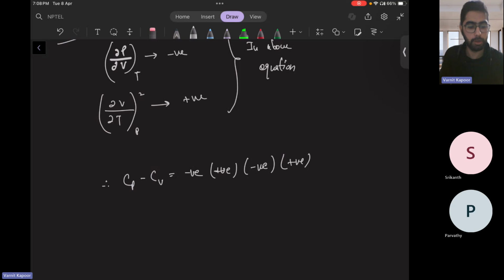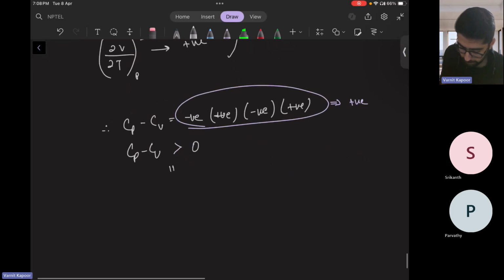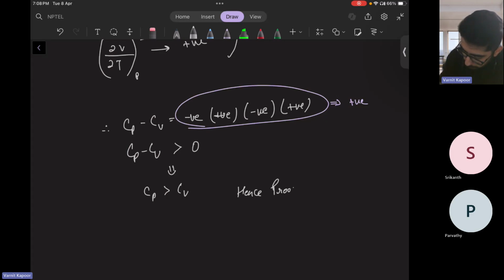So it's overall positive. This whole term is always greater than 0. So Cp minus Cv is greater than 0. This implies Cp is always greater than Cv. Hence proved.